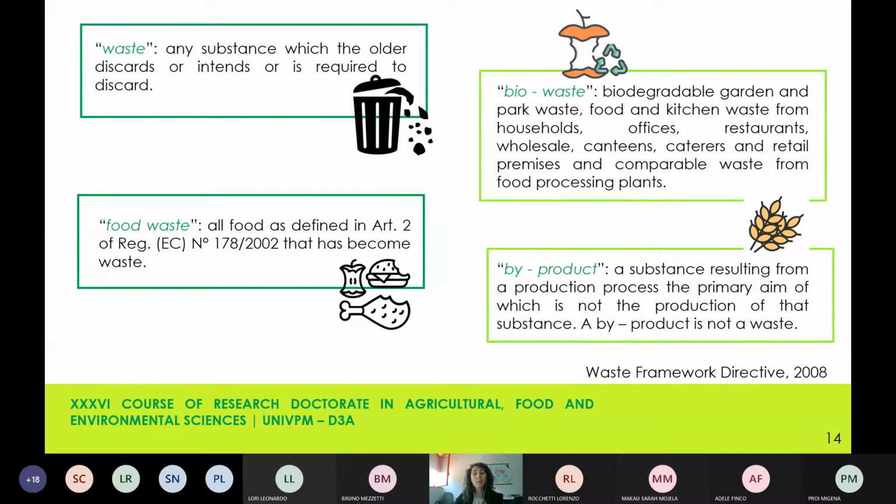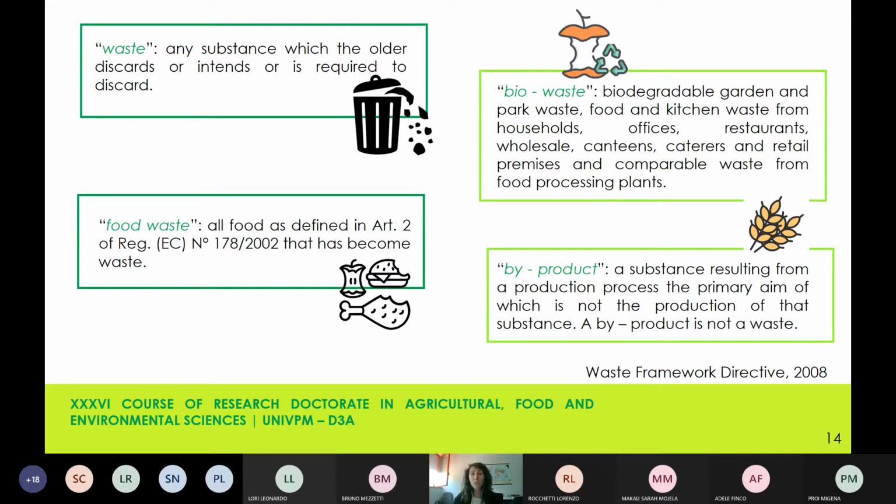But for our purposes, it is important also to understand the concept of byproduct. A byproduct is a substance that is the result of a production line, the primary aim of which is not the production of the substance itself. So in simple words, if we have a milk processing plant where we want to produce cheese, obviously milk is transformed and then we obtain mozzarella, parmigiano, whatever.